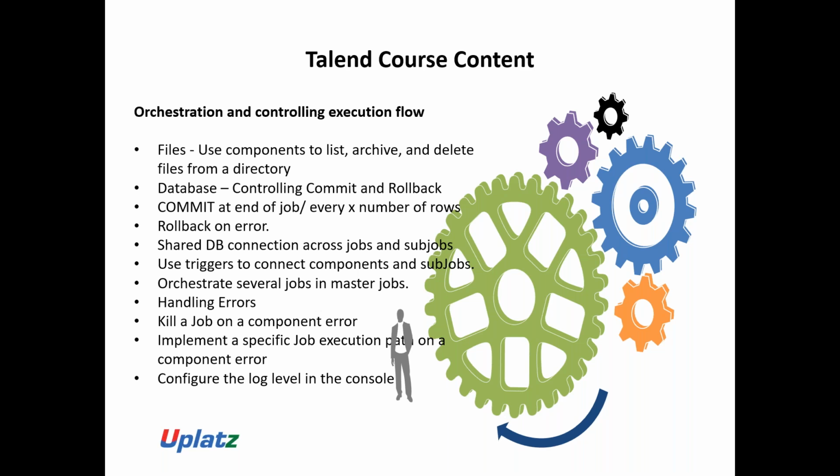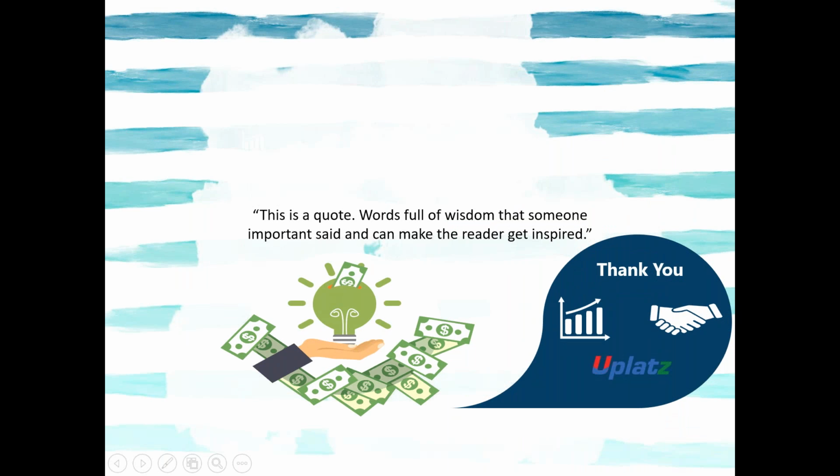Also configuring the log levels in the console, and how to use triggers. Suppose we are using multiple components and you want to connect one to another, you can go for these connectors, which we call triggers. And if you want to run a number of times, you can have the loop also. So these are just the basics.